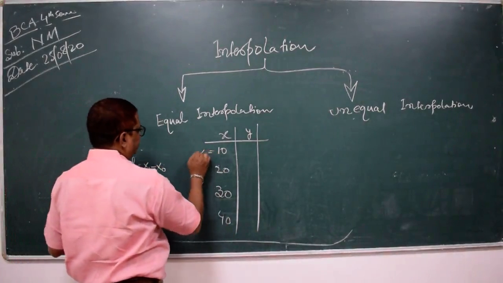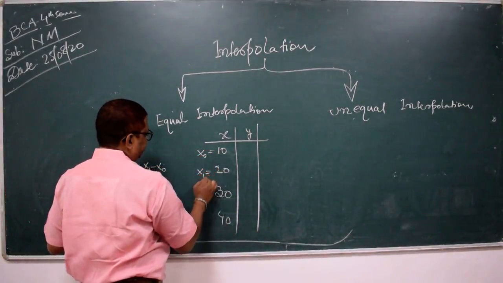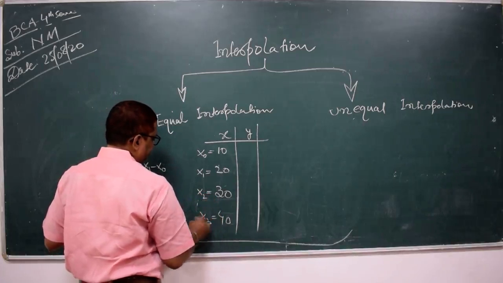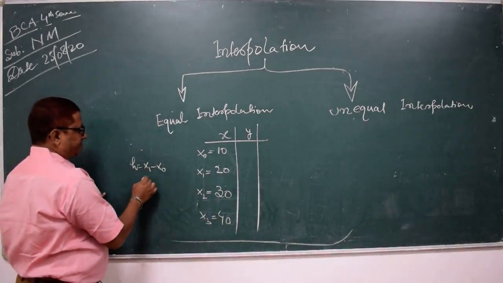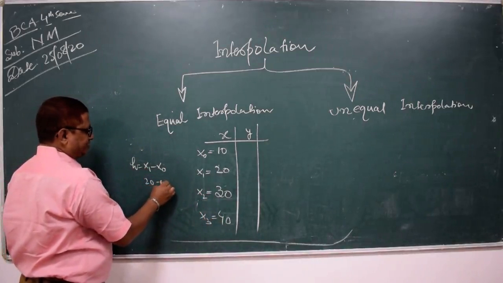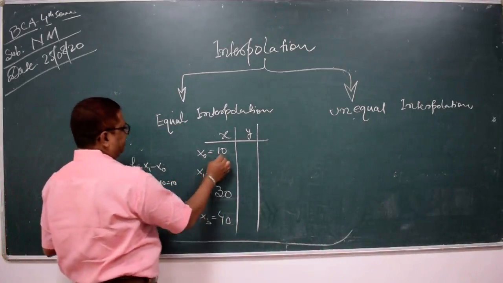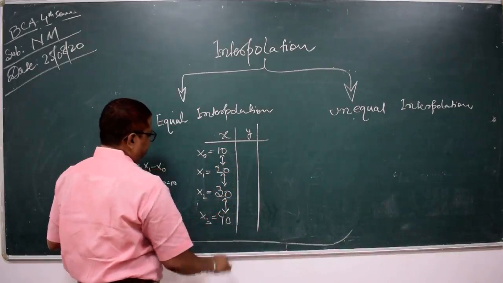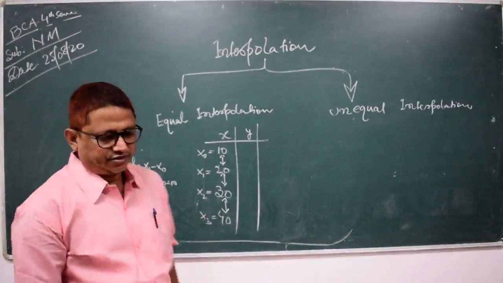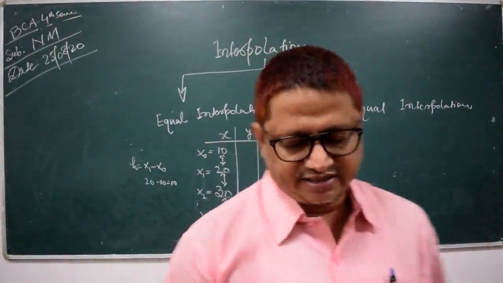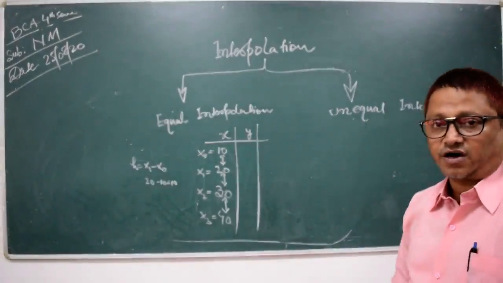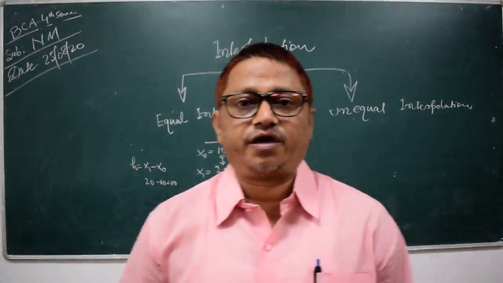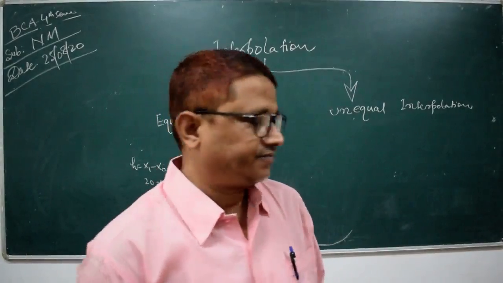This is called x0, this is x1, this is x2, this is x3. Here x1 minus x0 is 20 minus 10, which is equal to 10. It means the differences x1 minus x0, x2 minus x1, x3 minus x2 are all equal. This belongs to equal interpolation.